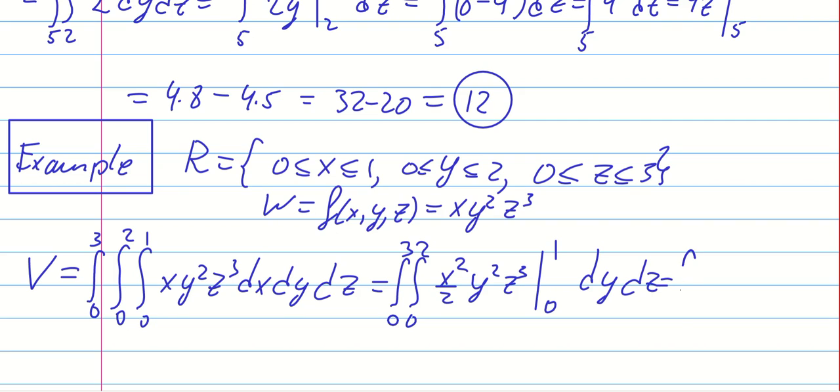So we still have two integrals left, 0 to 3 and 0 to 2. So we plug in 1, it's going to be 1 over 2, and when we plug in 0, we're going to get 0. So it's going to be 1 over 2, y squared, z cubed, dy dz.